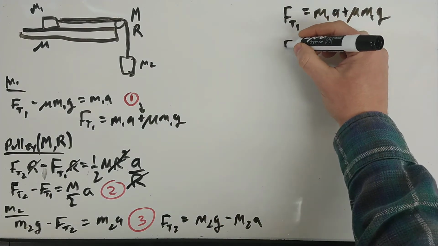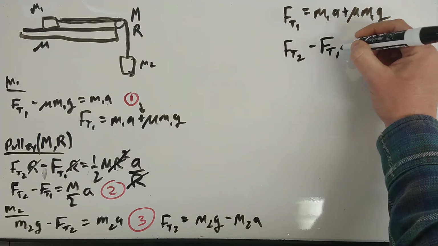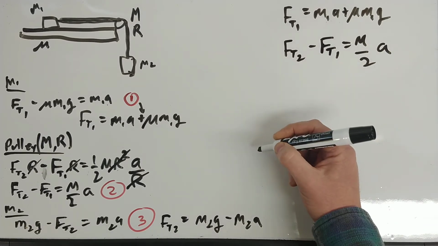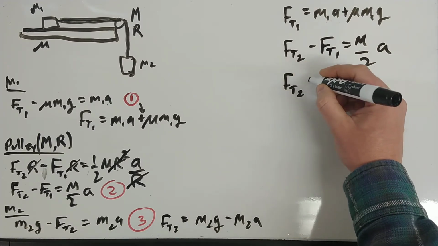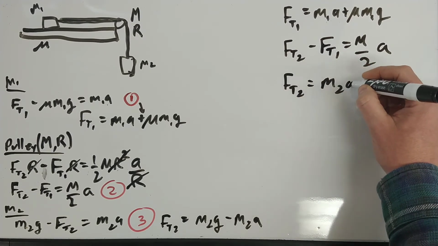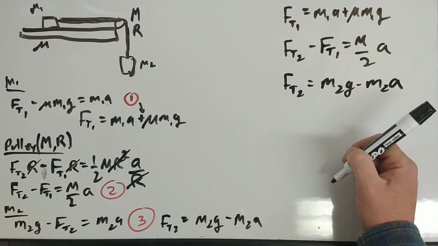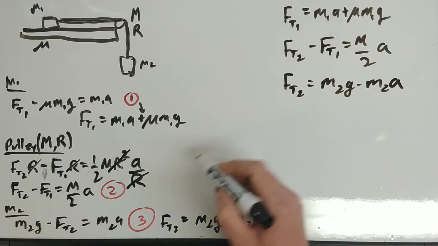Equation 2, I'm just going to leave it exactly as we wrote it. m over 2 times a. For equation 3, I have Ft2 equals m2g minus m2a. Yep, that's right.